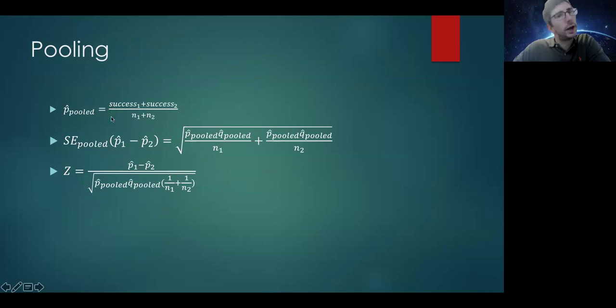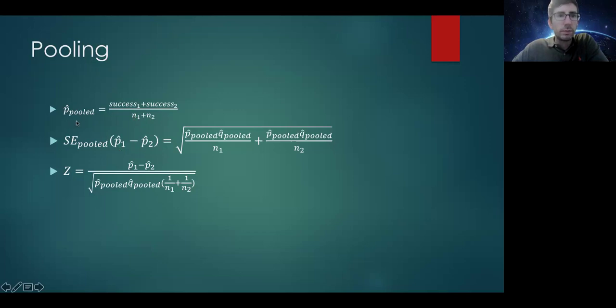You calculate it by adding up the successes from the first sample, adding it to your successes from the second sample. So this is the number of people or things in your sample that had that desired trait you were looking for, from sample 1 and sample 2. And then you add up the two sample sizes together. So we're basically just combining our individual sample proportions into one new sample proportion.